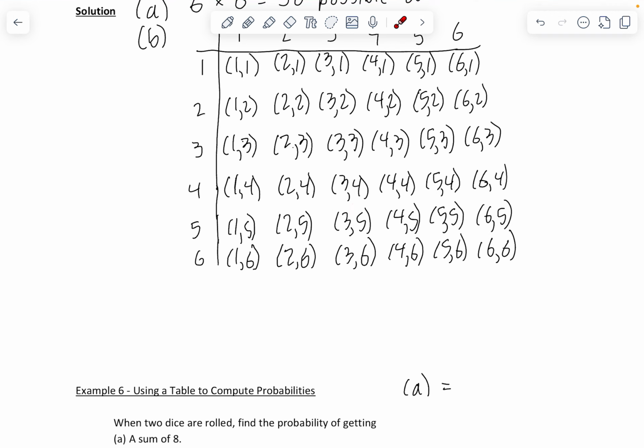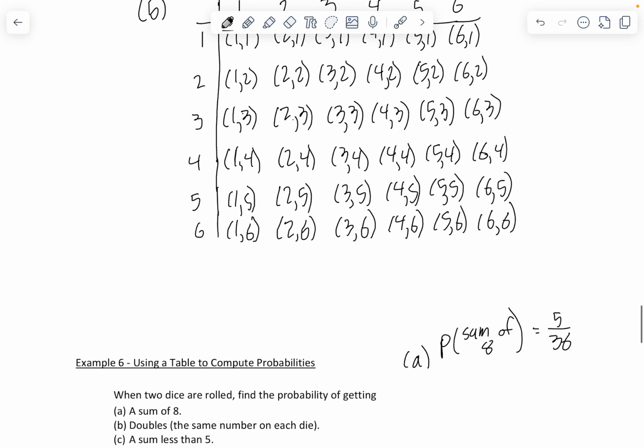So there's 5 ways to do that. So we'll just say probability of sum of 8 equals, there's 5 ways to do that, and there are 36 outcomes total.